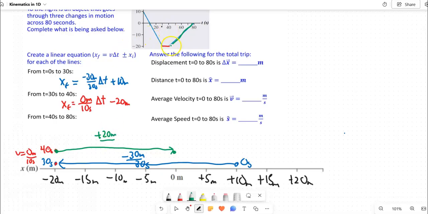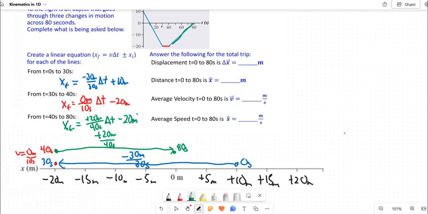And now it started at 40 seconds to 80 seconds. So that seems like it's going to be over the last 40 seconds. So this is 80 seconds. So 40 seconds, 80 seconds. There you go. So this linear fit is going to look like this. Positive 20 meters displacement over that period of 40 seconds, delta t, and it started at the negative 20 meter mark.